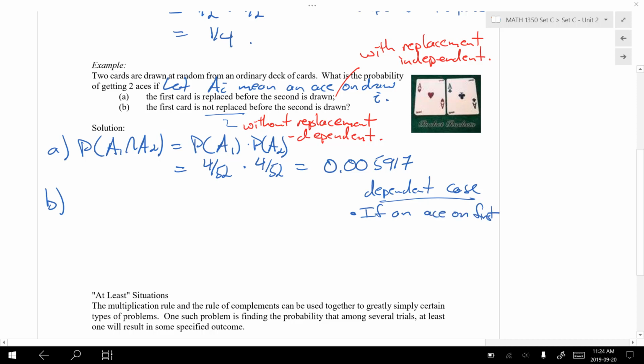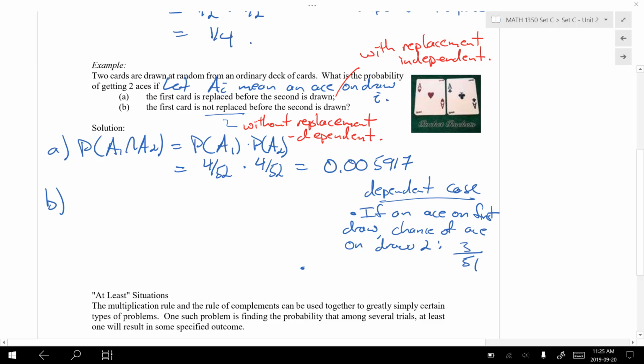If you happen to get lucky and select an ace on the first draw, now there are only 3 left in the deck. So your chance of an ace on draw 2 is going to look like 3 over 51. There are 3 aces left in the deck, and only 51 cards left because you've selected one of the aces.